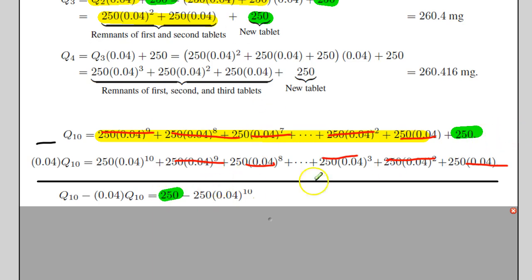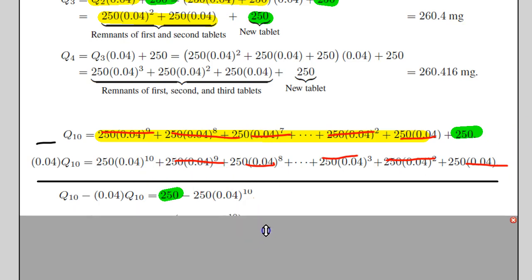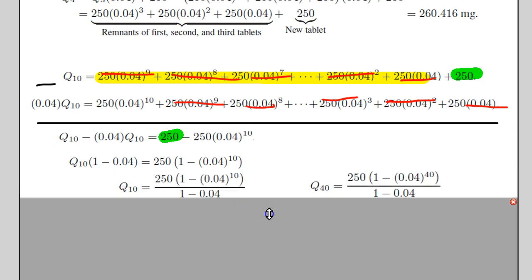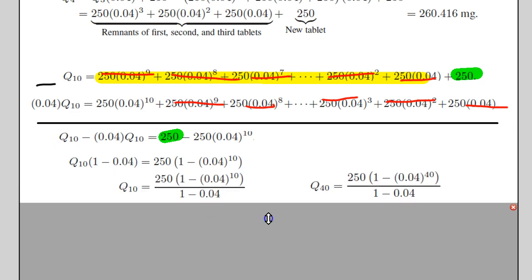So this is that same 250 and then this. If I'm trying to factor out Q sub 10, I get Q sub 10 by itself times something that looks like this. And I can compute these values for different values of n. In this case, n was 10.